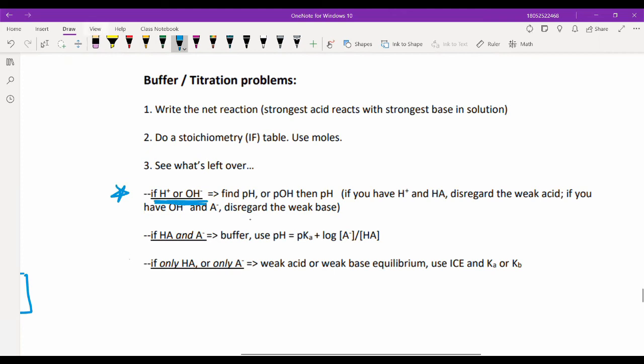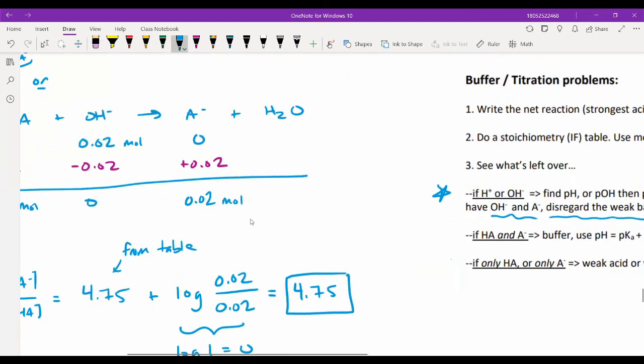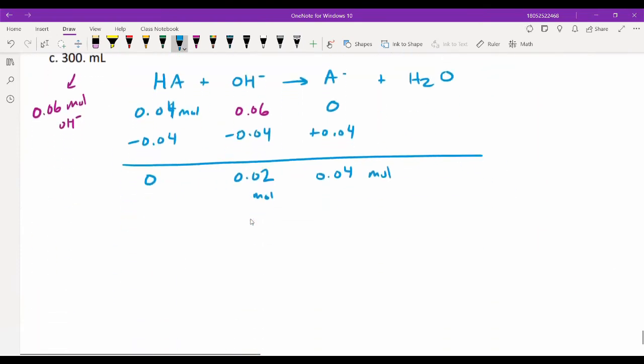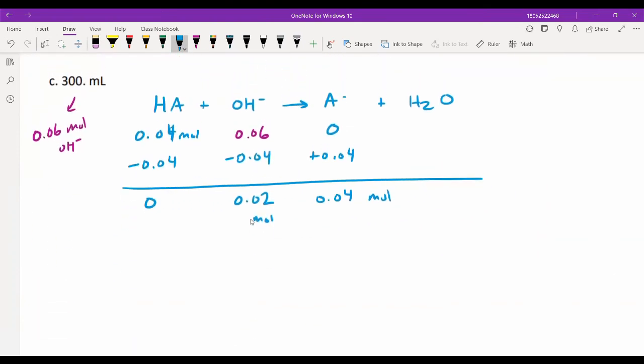So what I wrote: if you have H plus and HA, disregard the weak acid. If you have OH minus and A minus, disregard the weak base. As we've said before, with a strong base and a weak base, the strong one is going to dominate and determine the pH. Strong acid, weak acid, just take the strong acid.